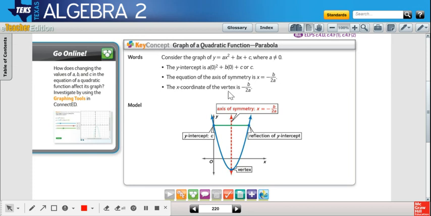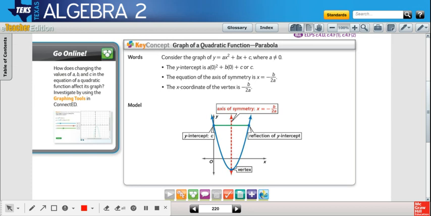The x-coordinate of the vertex is negative b over 2a. If I were to ask you to find the x-coordinate of the vertex, you simply write out negative b over 2a, plug in the b value, plug in the a value, and simplify.